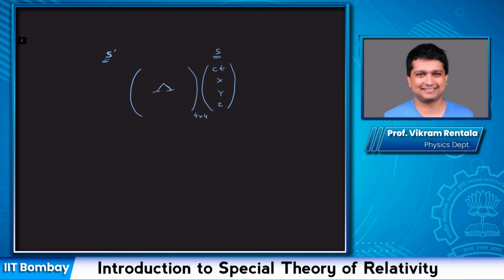Let's call these matrices lambda. And this transformation with this matrix will lead to a new set of coordinates, ct prime, x prime, y prime, z prime. And we want these transformations to be linear, so lambda is independent of our space-time points.